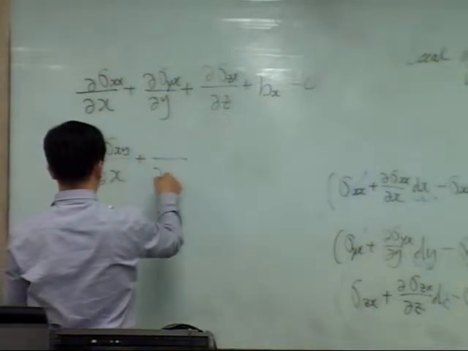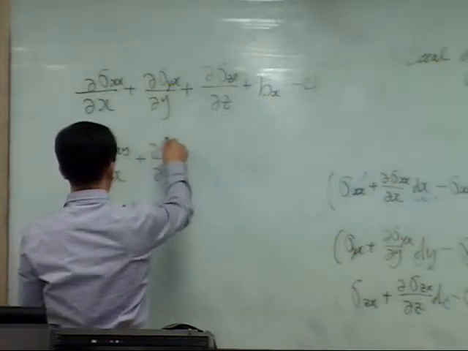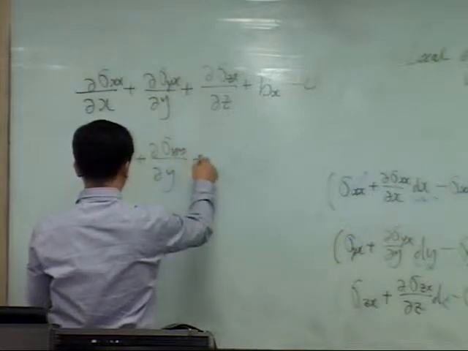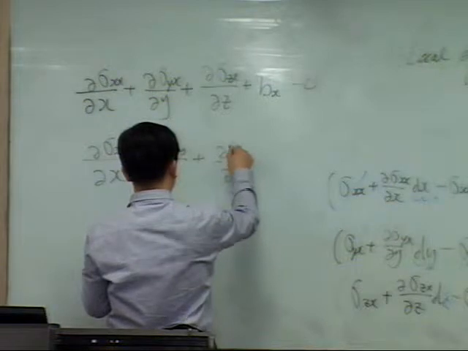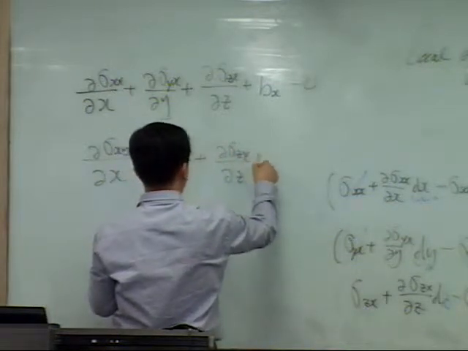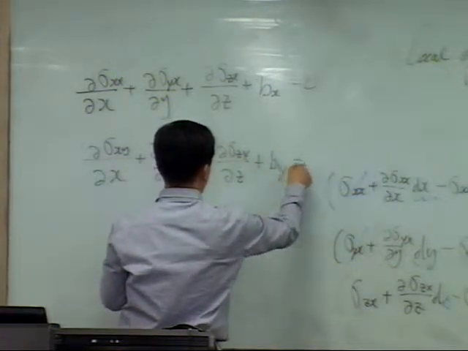For y: partial xy, partial yy, partial zy, plus By equals 0.